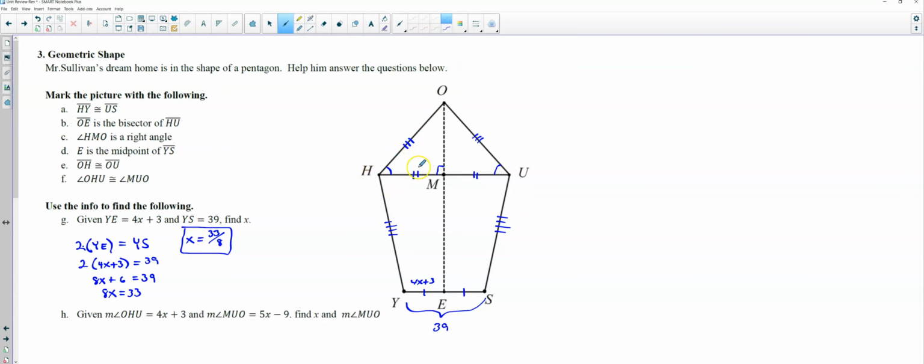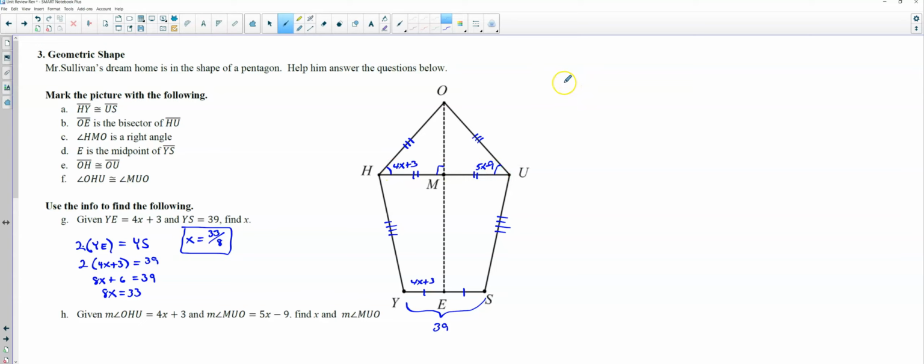Given that the measurement of OHU right here is 4x plus 3, and the measurement of MUO is 5x minus 9, then find x and find the measurement of MUO. I'm going to work them over here. Since they are both congruent, that means they must equal each other.